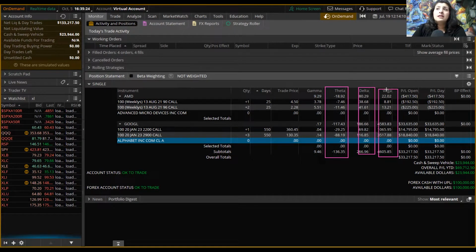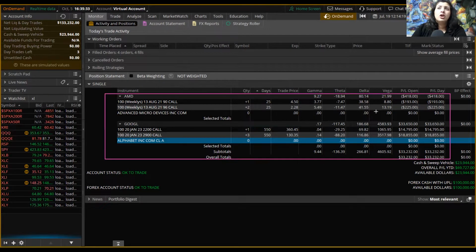Now, the good thing is that if we had screenshot this when we first entered, we could see our deltas becoming more positive, which would be good. Is it outperforming our negative theta, which it is? But look how close that is. This is positive 186, and this is negative 117.